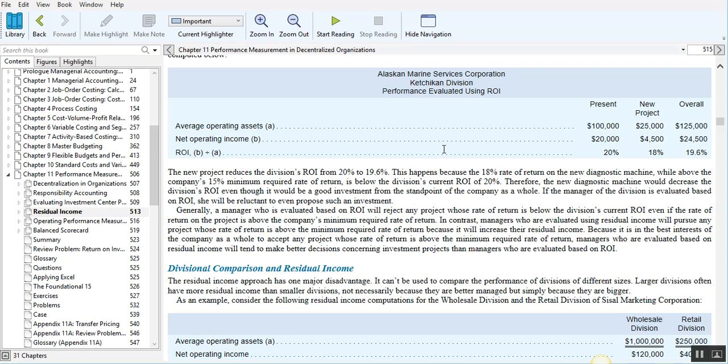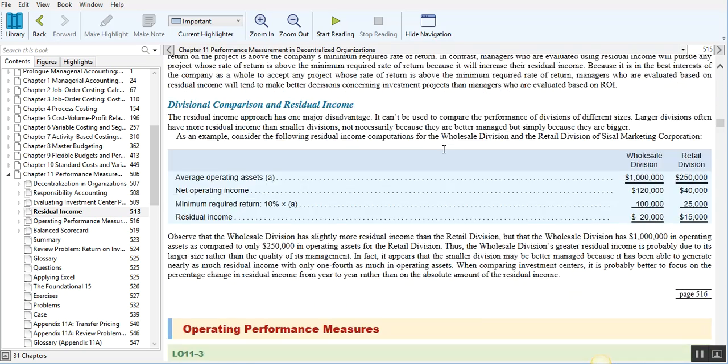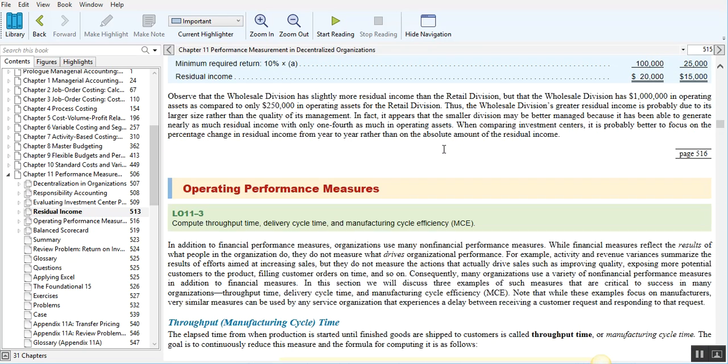There are other measures as well, and there are some here subsequent in the chapter. But really, the main focus that I want you to think about here is return on investment and residual income. Those are really two very important ways of measuring accountability in a non-centralized organization.